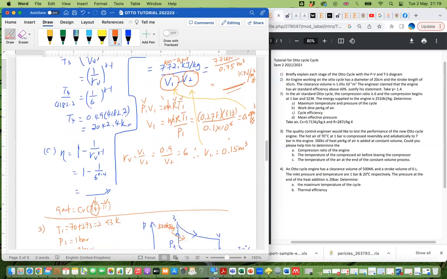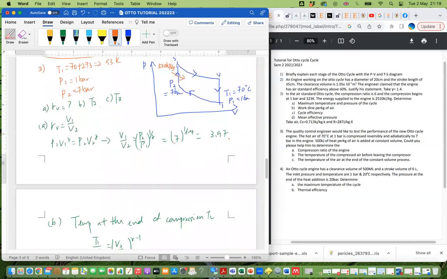Okay, so we move to question number 3B. The quality control engineer would like to test the performance of a new Otto cycle engine. The intake air is at 70, so T1 equals 70 plus 273, 293 Kelvin, and the pressure is 1 bar.